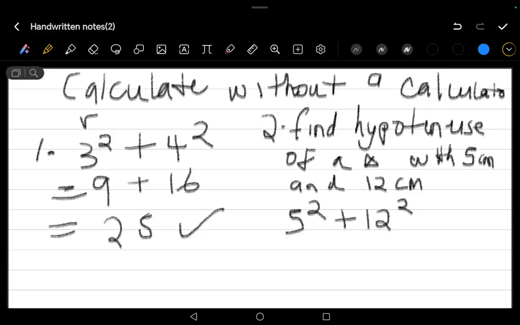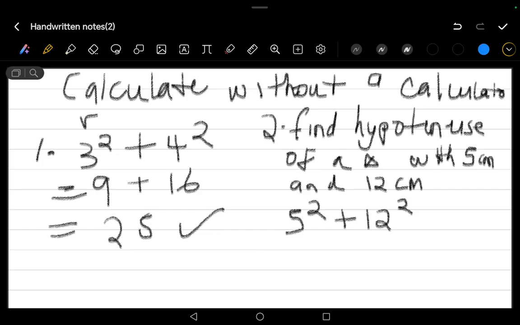We are looking for the hypotenuse. If I did my calculations correctly, my answer is 18.